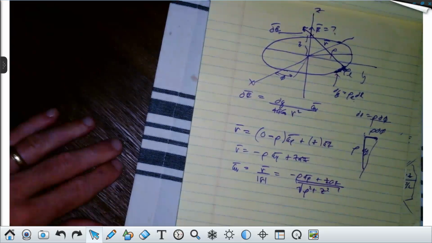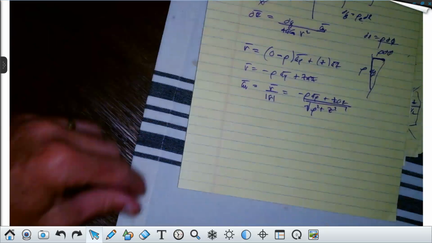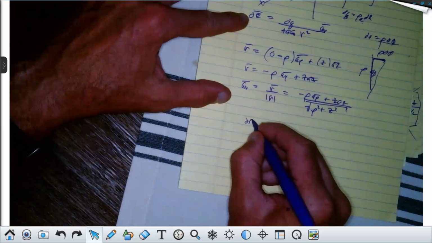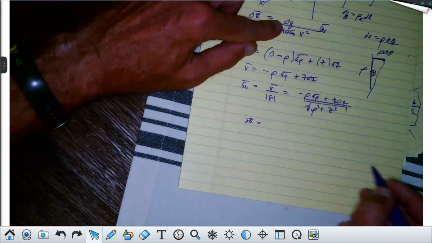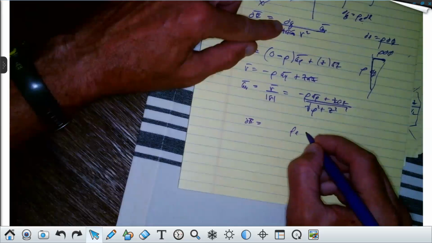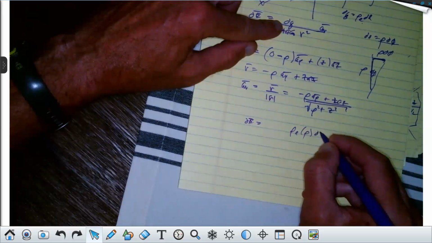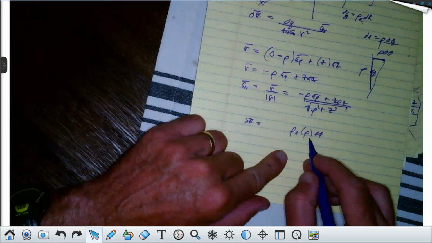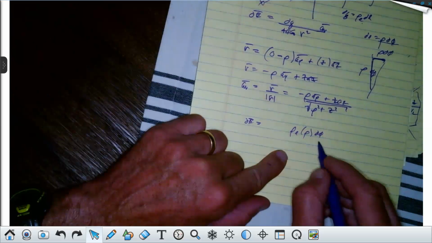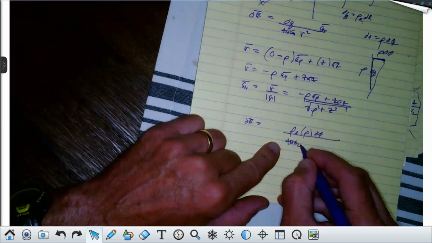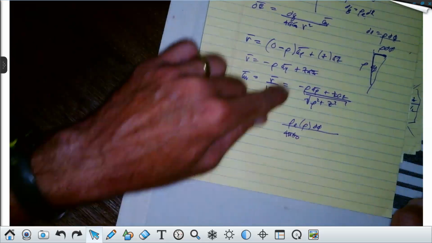Now this problem has a trick to it. Now I'm going to go ahead and write this down here. I'm going to say that now my differential electric field would be equal to dq, and that's going to be equal to rho_L times rho times d phi, right here, right? Then it's divided by 4 pi epsilon naught, and it's divided by r squared.